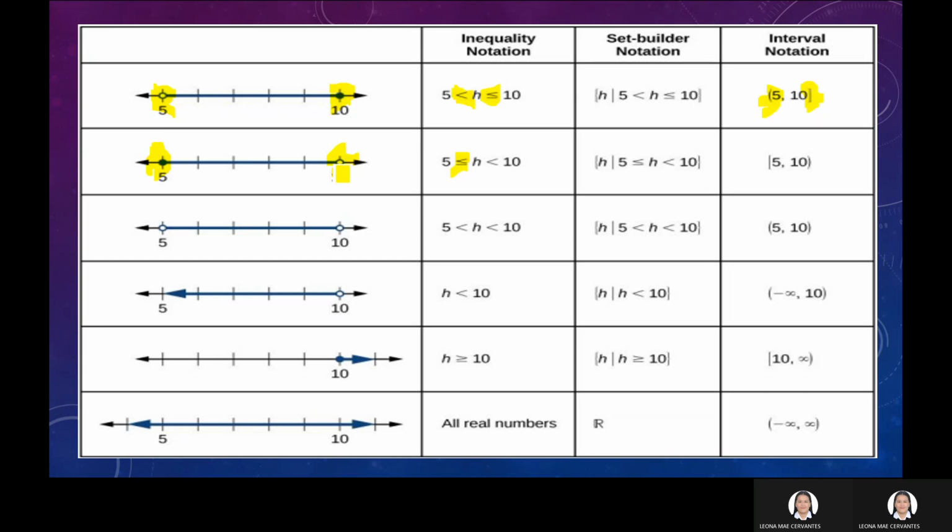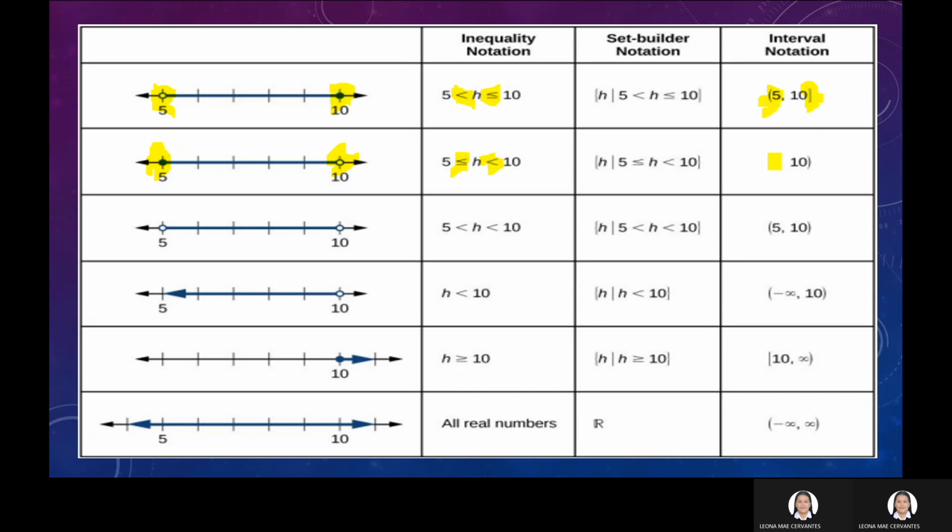Since 10 is not shaded or not included, then we will not put an underline or equal. So we have 5 less than or equal to h, and h is less than 10. Set builder notation, we have the set of all h such that 5 is less than or equal to h, and h is less than 10.